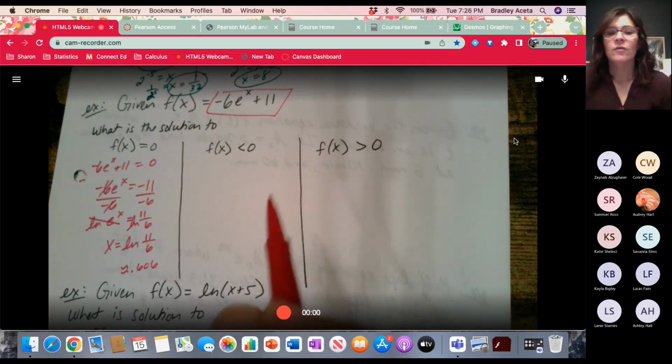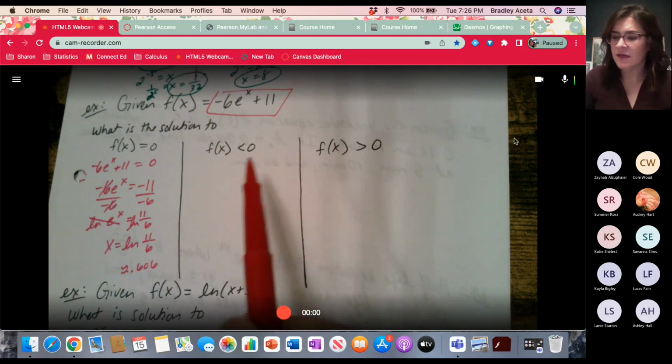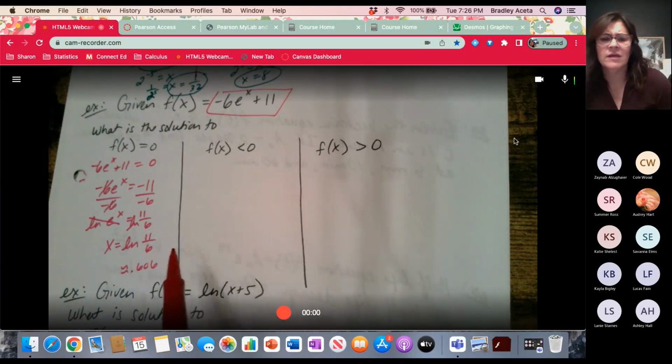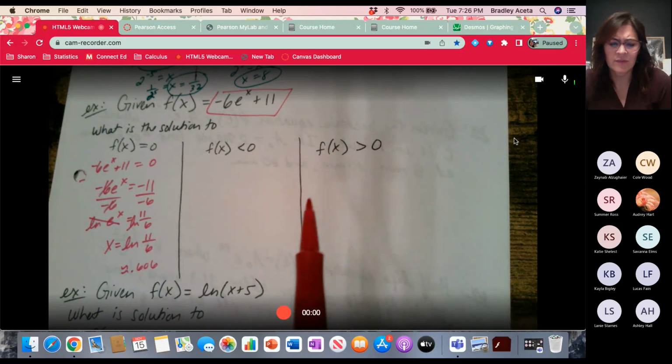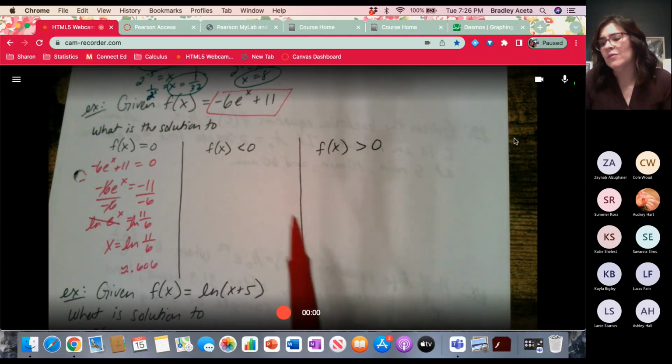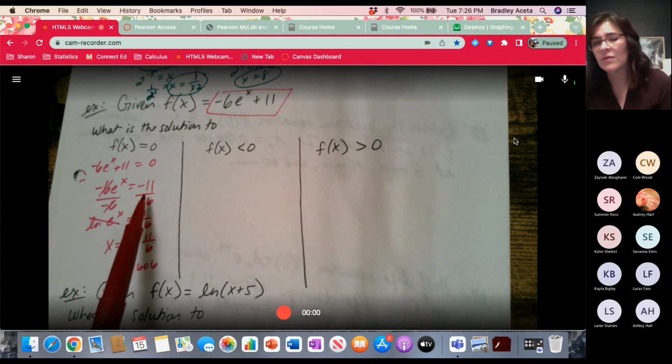Now, when you go to do the inequalities analytically, you might think the answer is x is less than ln of 11/6 for this one, and x greater than for that one. But there's a little trick of what happened right here.